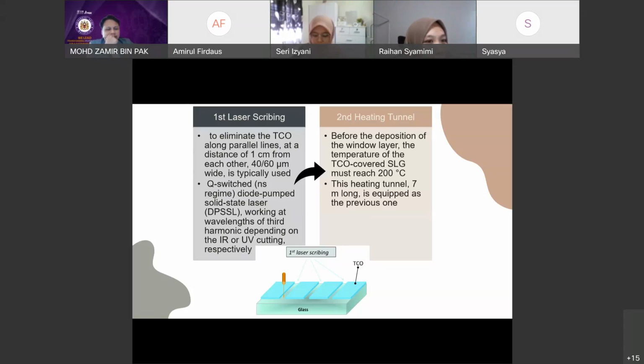What is actually happening there? Can you go to the slide where you showed laser scribing? Maybe it's easier to explain. Okay, so why scribing? What do you expect to happen here? When you scribe, what do you get?